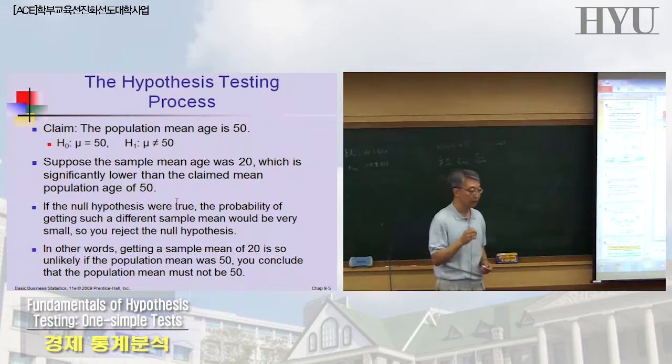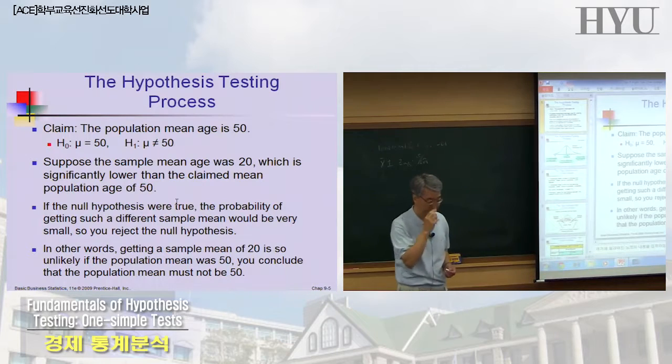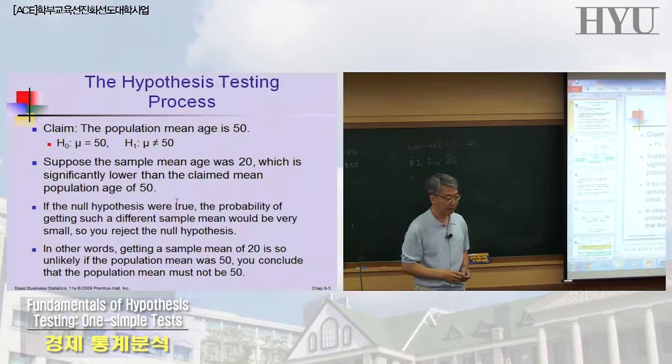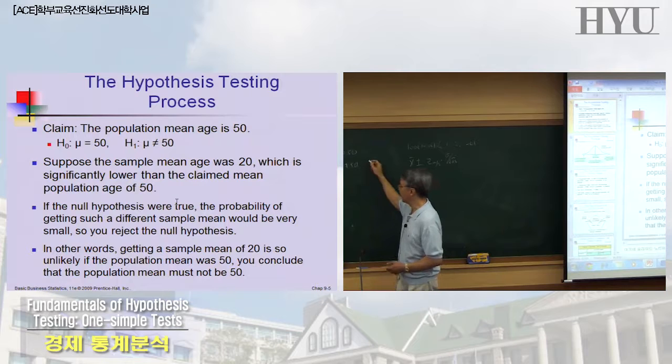So we're going to take a sample, or find evidence based on some sample, and see how close our sample evidence comes to the hypothesized mean. Let's say the sample mean came out to be something like 45.